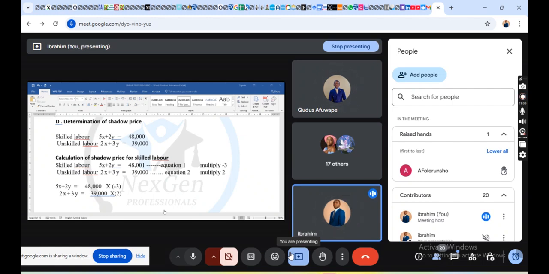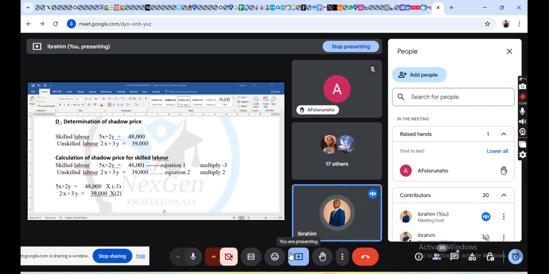Kudus, just get X for unit, get Y for unit. You can decide to use the substitution method when X is equal to something, but I feel that using the elimination method, I will understand it better than using the substitution method.